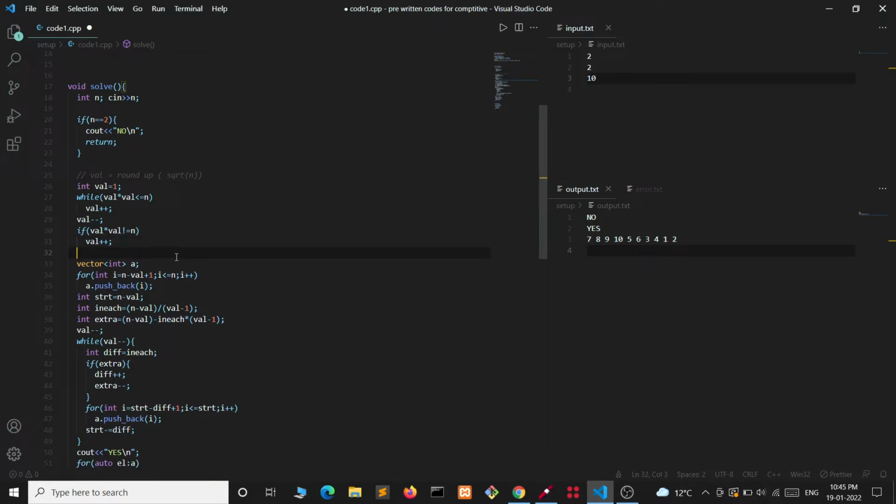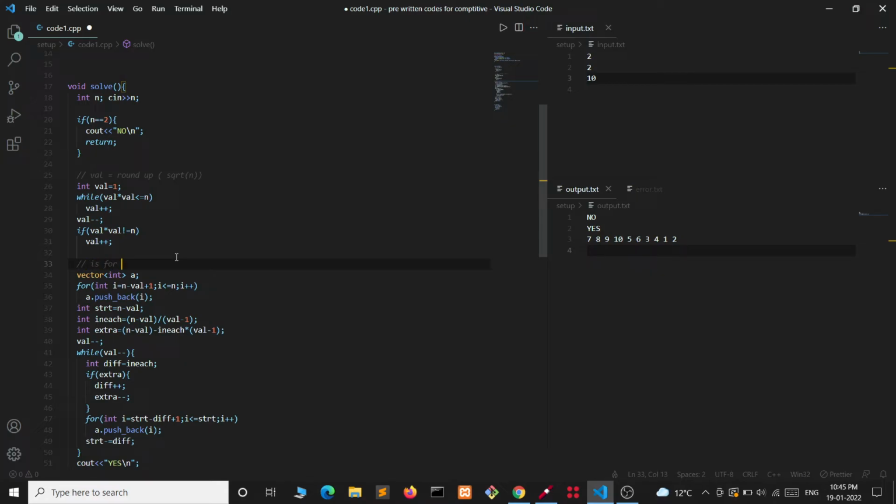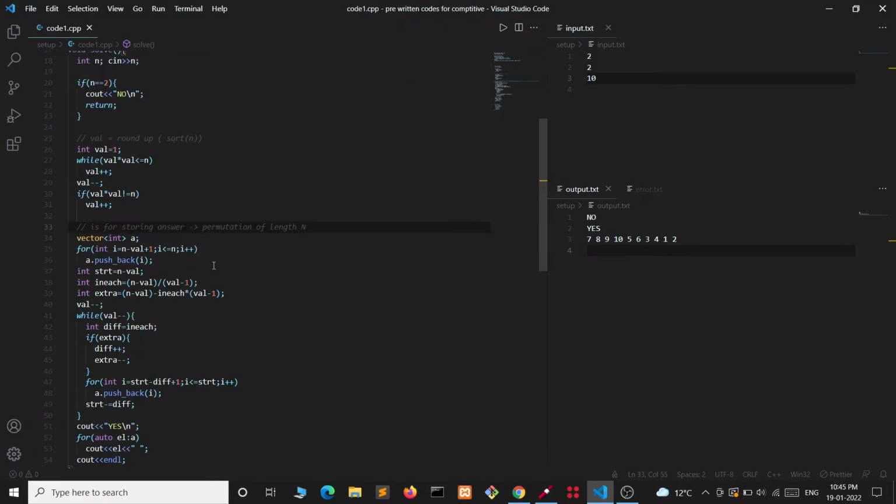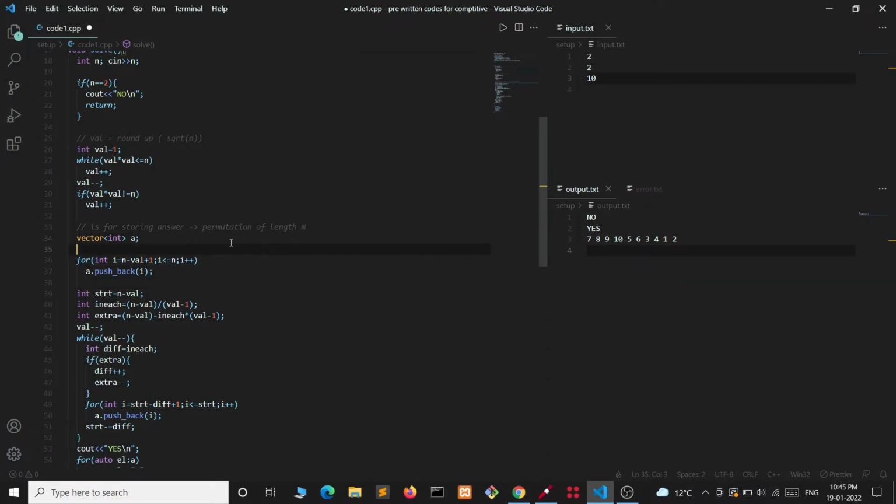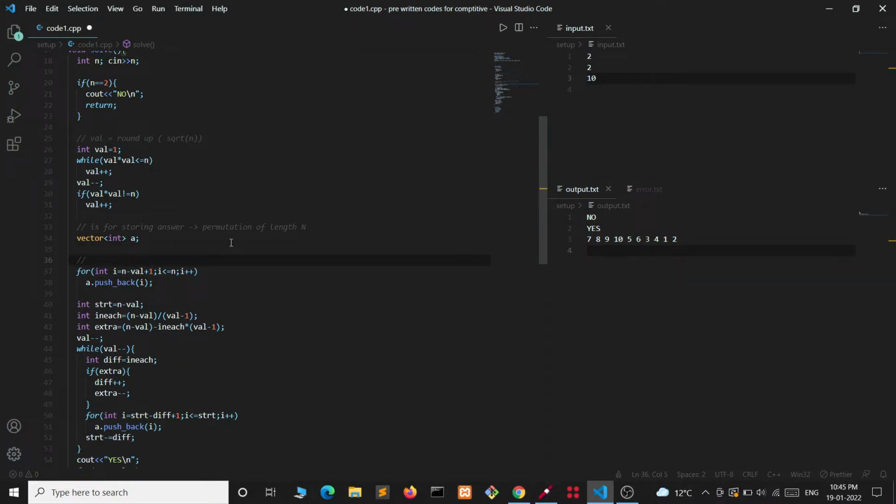After that, this vector a is for storing the answer, which will be a permutation of length n. After that we are forming the first group. Actually we are storing it in reverse form.